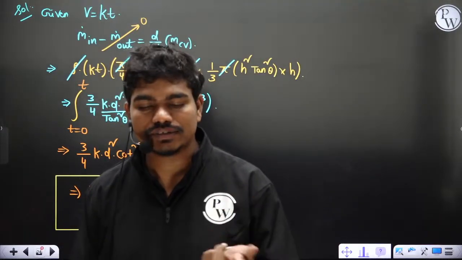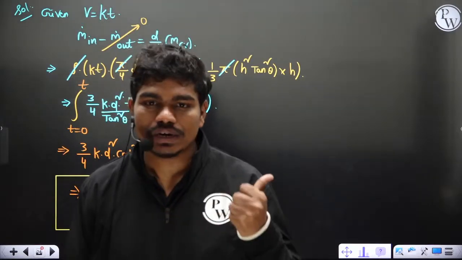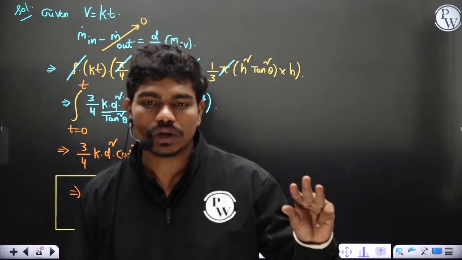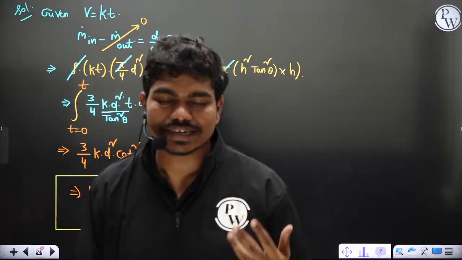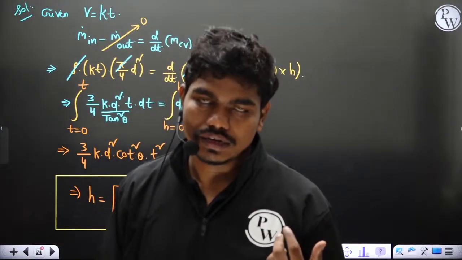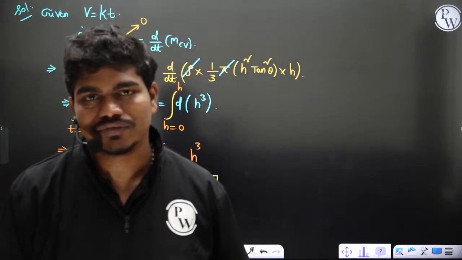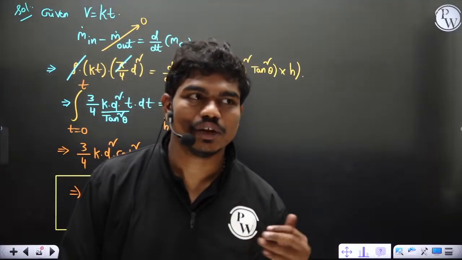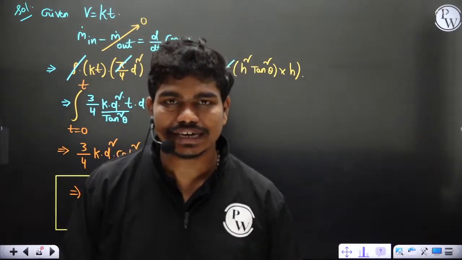One is Frank M. White, one is Cengel, one is Munson, and one other. These are the 4 standard textbooks from which we are taking all these problems as of now. So if you solve all these questions, you might have encountered the majority of the models in the GATE examination.